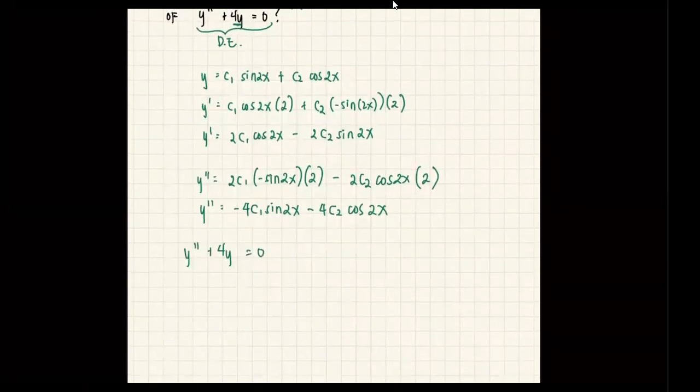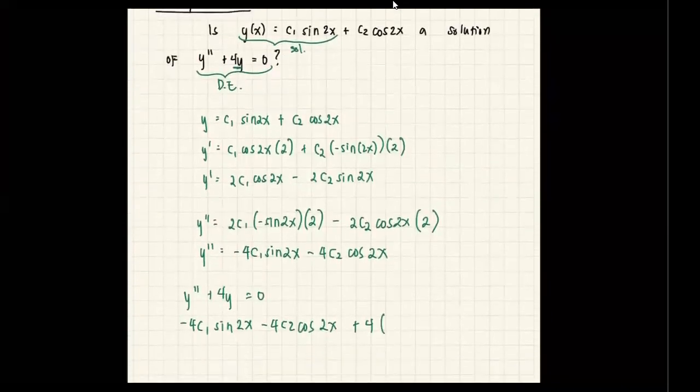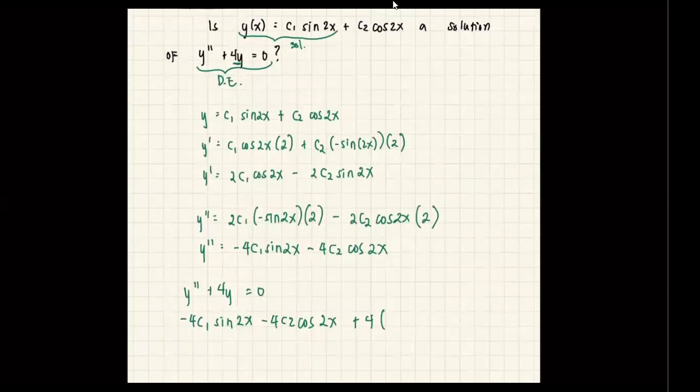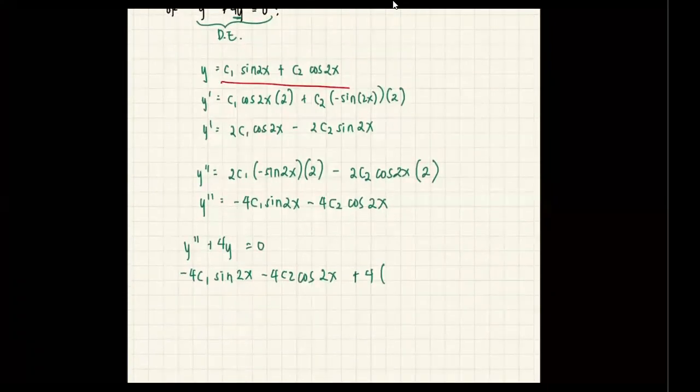So, substituting the values, -4c1 sin 2x - 4c2 cos 2x + 4 times yung value ng y natin, yung original function, which is c1 sin 2x + c2 cos 2x. Equal na dapat siya sa 0.